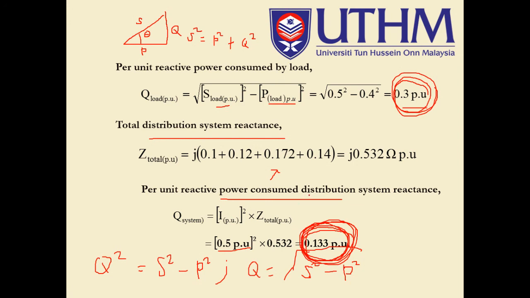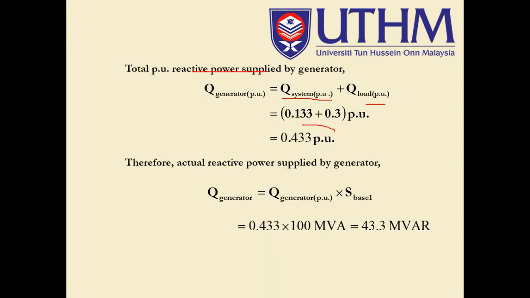From there we are able to get the total PU reactive power supplied by the generator. Then we just multiply by S base 1, since the location of the generator, remember, is in zone number 1. Multiplying these two gives us the actual reactive power supplied by the generator, 43.3 megavar.